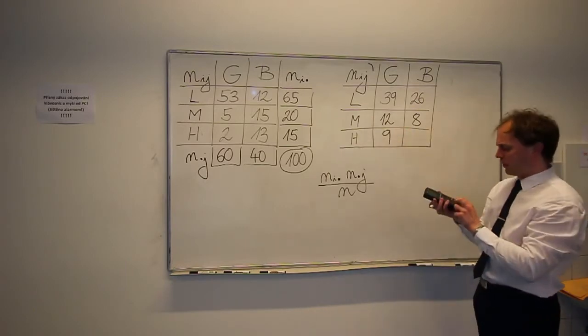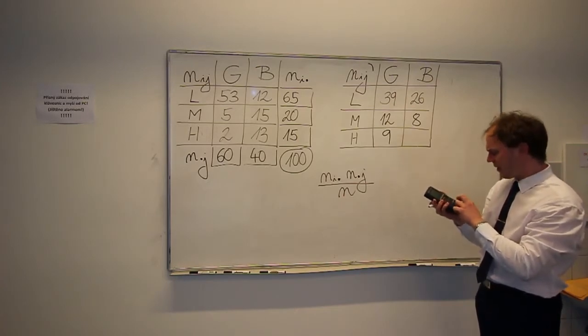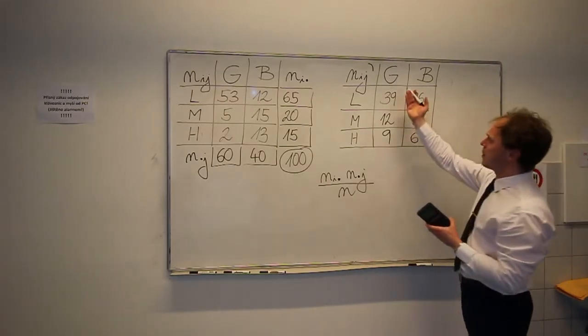And finally 15 times 40 divided by 100 is 6.